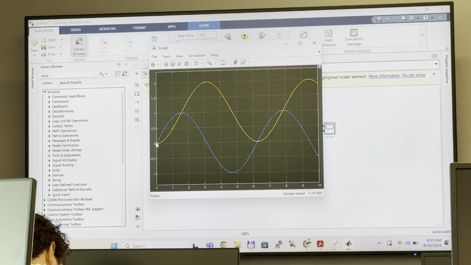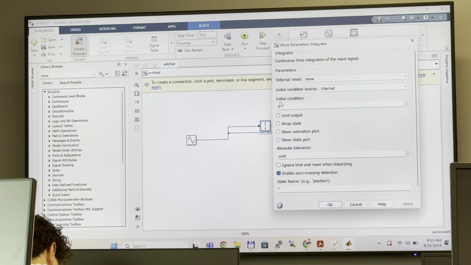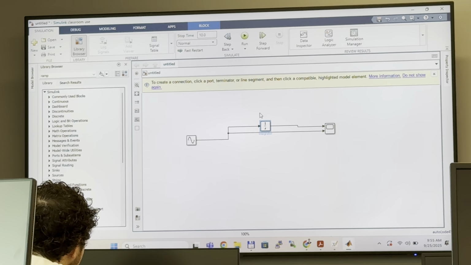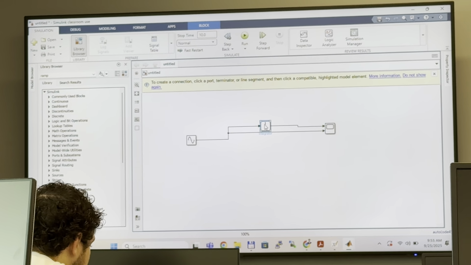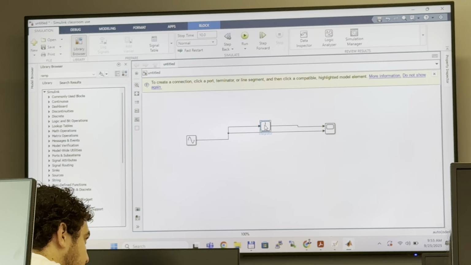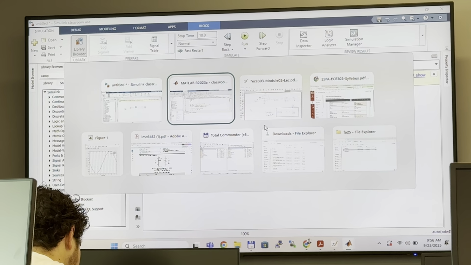This integrator block has initial condition 0. So if you simply integrate this signal, you get the integrated output. My point here is that 1/s is simply an integrator. So when you see 1/s, you can think of this as an integration operator. Clear, guys? Whenever you see 1/s, there is an integration operator.